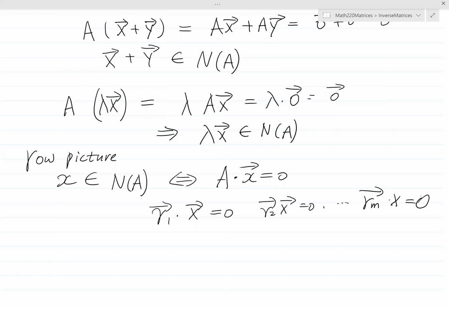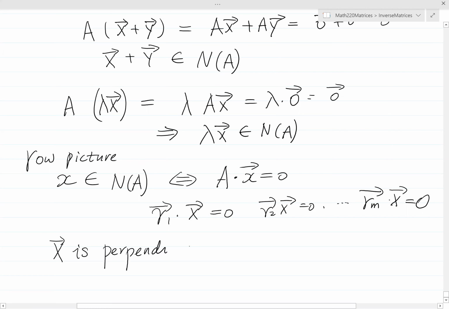So this means x is perpendicular to every row vector of A.